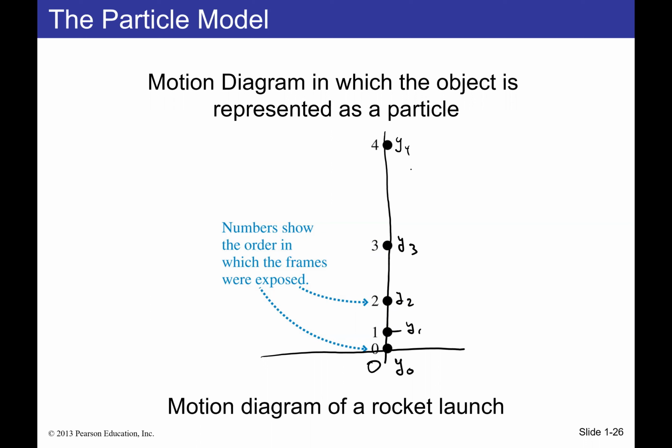Going from the first distance, 0 to 1, and then the second one, and then the third one, we can see that the distance starts increasing over time. That means this is an object which is speeding up as a function of time. And that's what the rocket has to do: it has to speed up in order to escape Earth's gravitational pull.